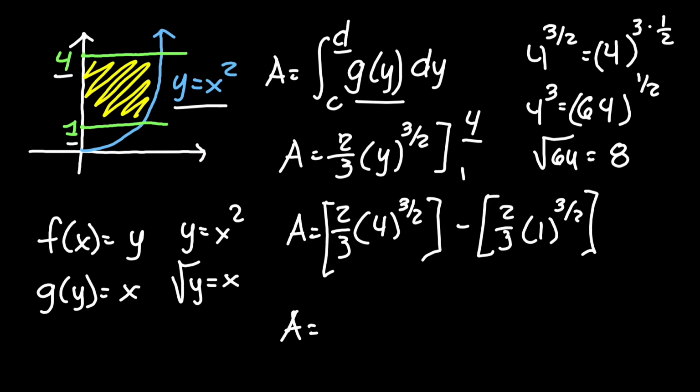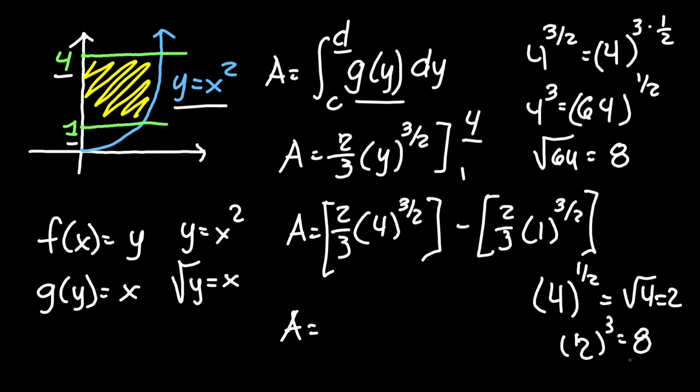If we do the other method right here, if we do the 1/2 first, the square root of 4 would be equal to 2. And so we will raise this to 3 now. 2 to the power of 3 would be 8. So no matter the order, you will still end up at the same answer.